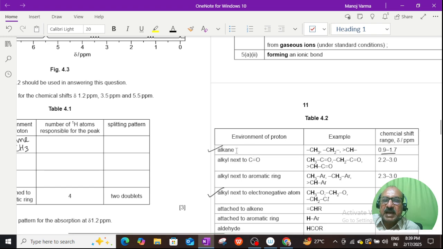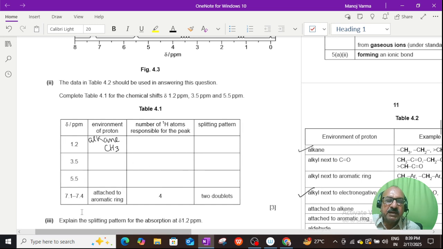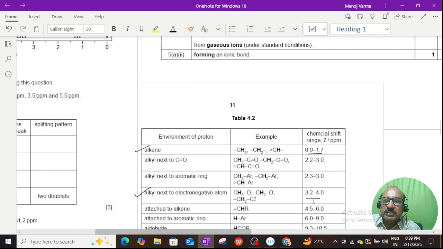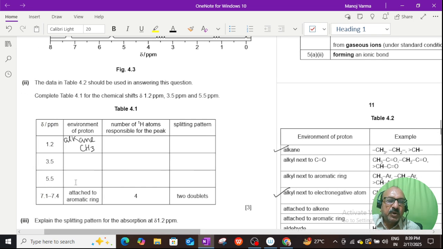So it is the alkane, which is CH3 or any of this, and then the next chemical shift which is there at 3.5. Just look at the table once again, and you see this is 3.5, it lies in this range, so it indicates an alkyl group next to an electronegative atom, and so this will be the environment.